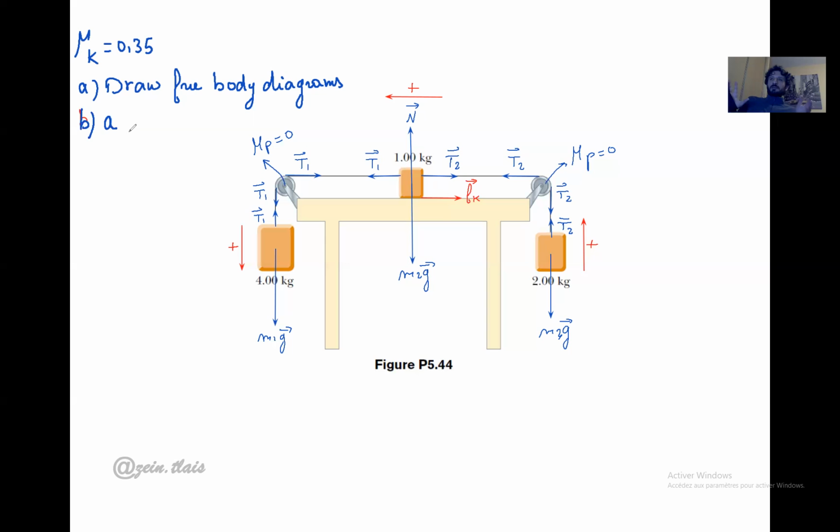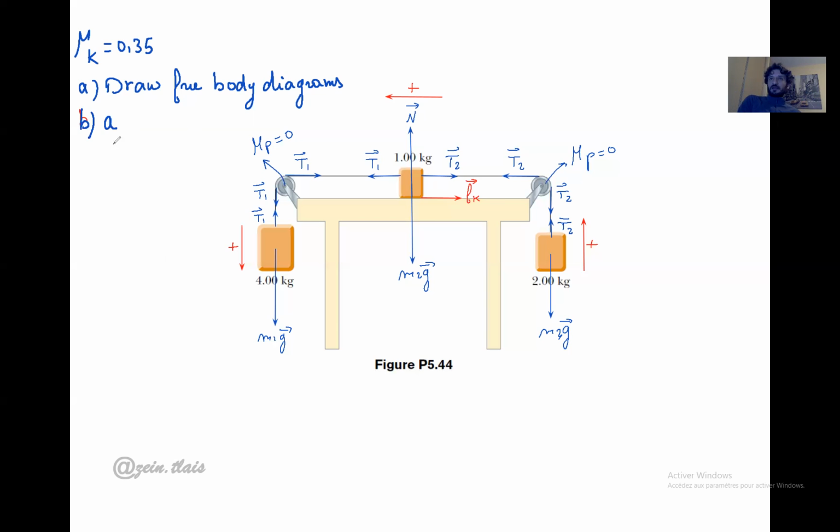First of all, you have to apply Newton's law for each object. You will finally get many equations with many unknowns, and you can calculate the unknowns easily. So here, to calculate A, and also you can calculate the tension by using these equations.